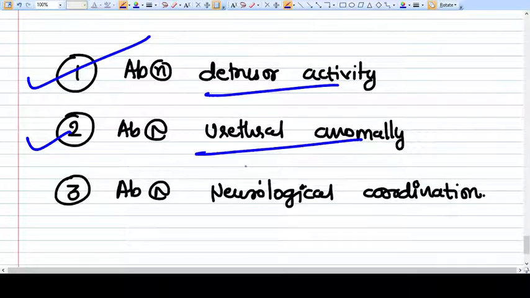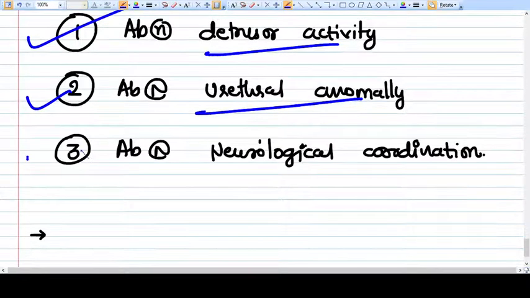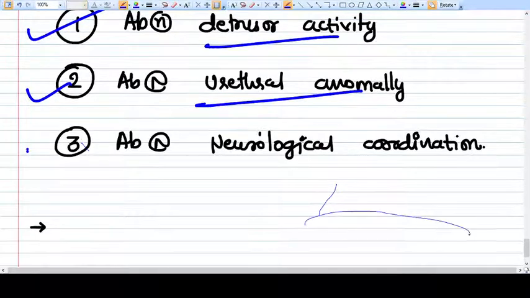If the urethral anomaly is obstructing the urine, then the flow cannot be achieved or the pattern is changed. And in neurological abnormal coordination, because micturition is all about neurological coordination. If this does not happen as it should, then also it will change the graph.